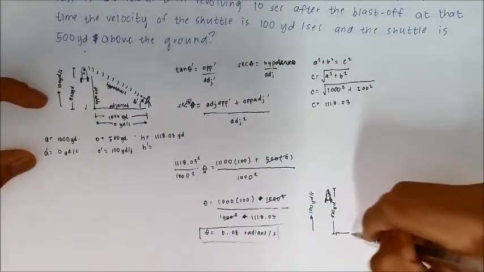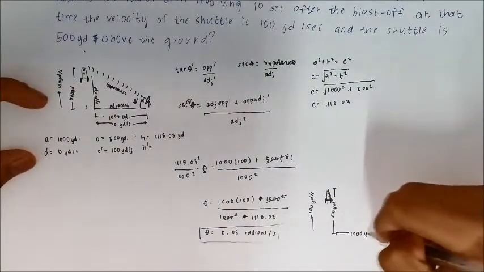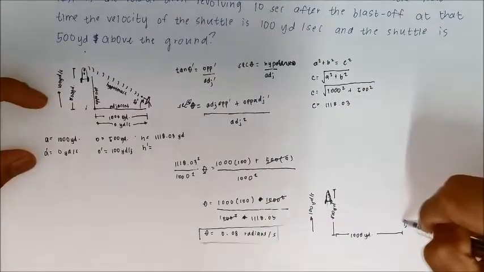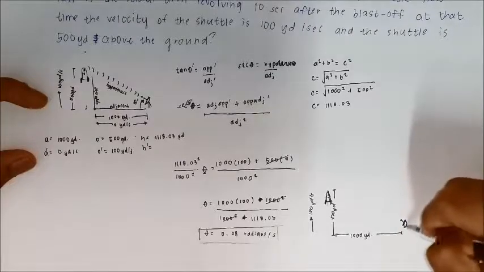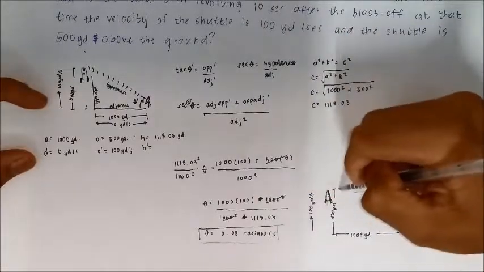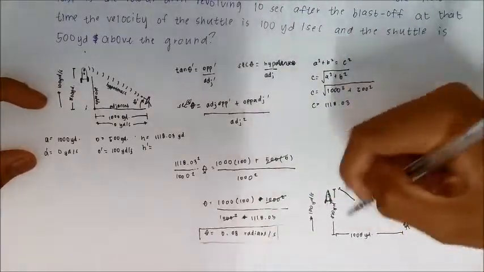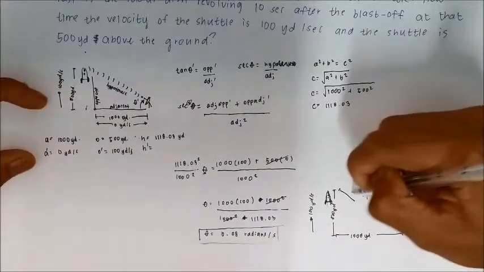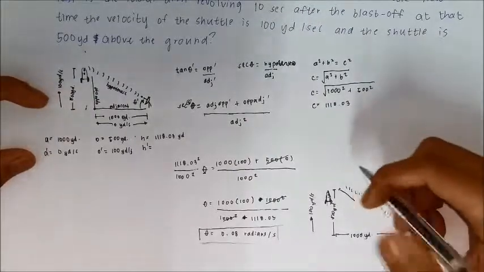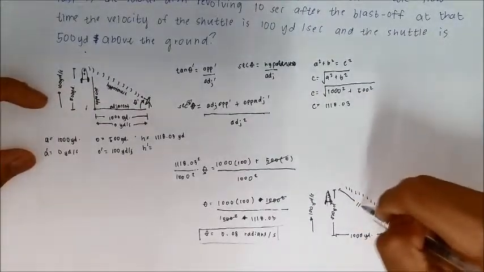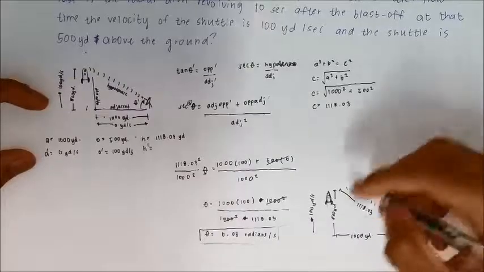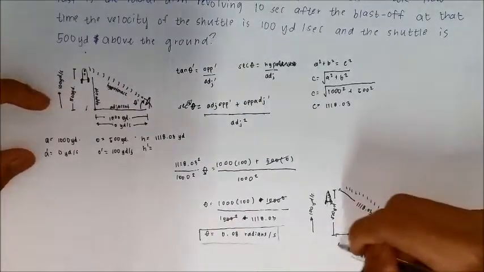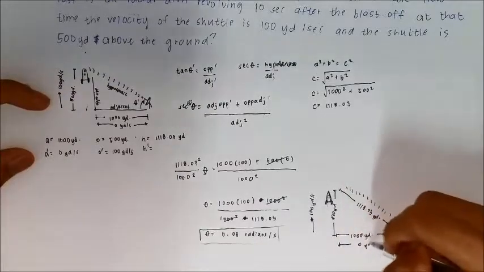Now it's 1,000 yards away from a radar tracking dish, which is following the rocket. That distance is 1,180.03 yards. The rate at which adjacent changes is 0 yards per second.